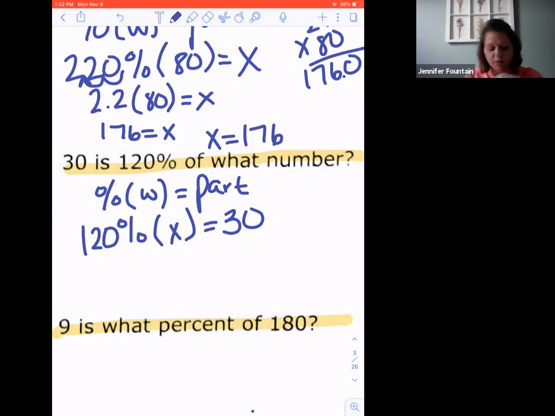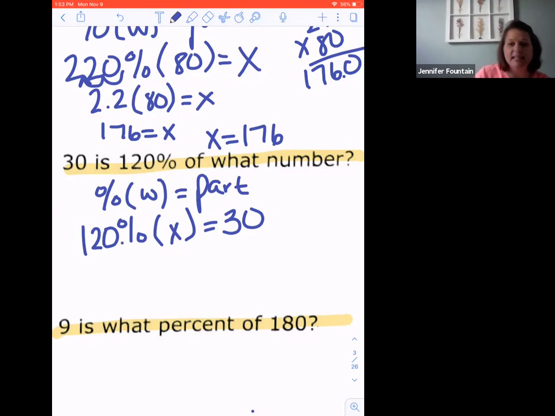All right, so in this one, percent times whole equals part. We have 120%. We don't know our whole number, but we know that the part equals 30. So 120% times X equals 30. I need to change 120% to a decimal first.